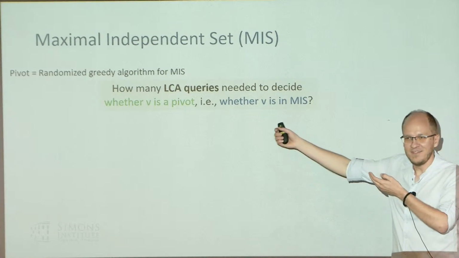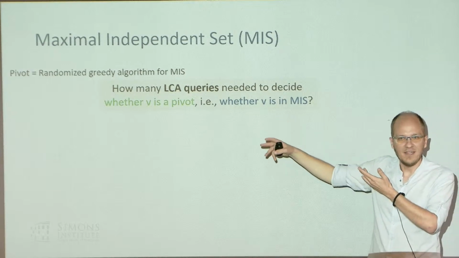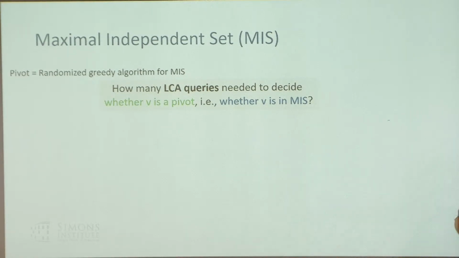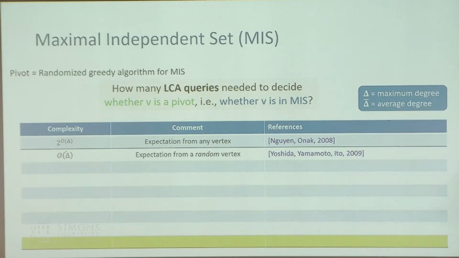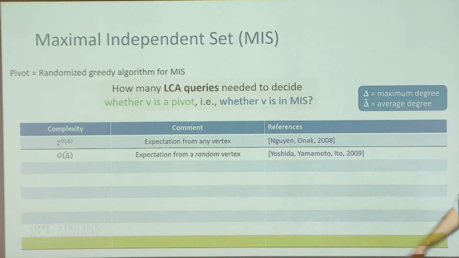Whoever studied randomized greedy MIS, it would directly translate to LCA. And that's the missing references that I didn't mention. So let's now go over them. There was this really nice work by Nguyen and Onak in 2008.